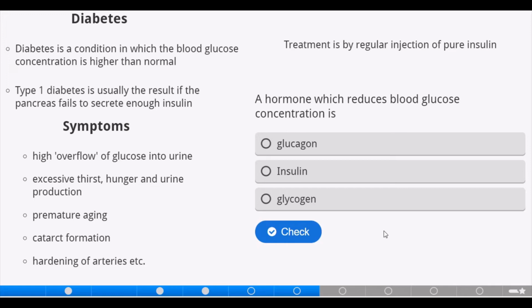We also have premature aging and cataract formation, hardening of arteries. These are some of the symptoms of diabetes. And what is the treatment for diabetes? The treatment is by regular injection of pure insulin, a hormone that reduces blood glucose concentration. Here the answer will be insulin.